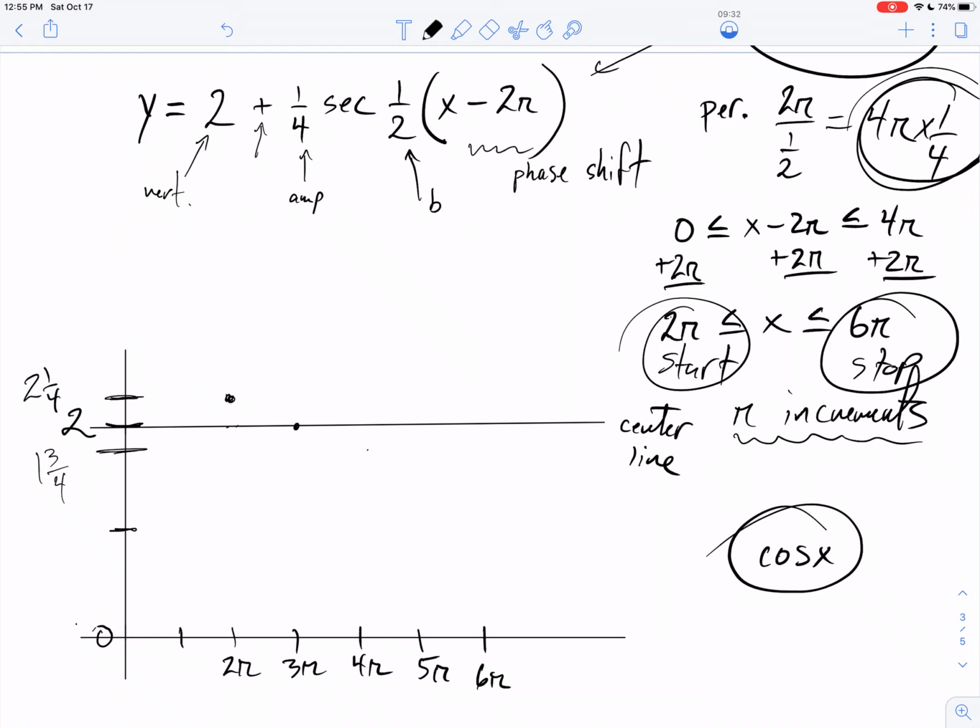Then I'm going to go below the line. But it's very gradual because I only have an amplitude of 1/4. So I'm not going that much high above the line or below the line. And this is going to be kind of a stretched out, compressed cosine graph.